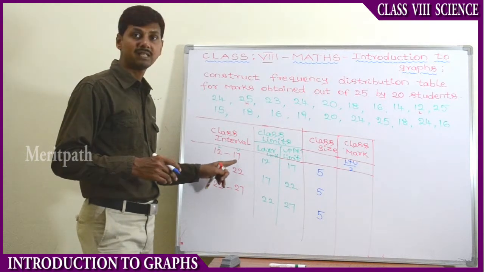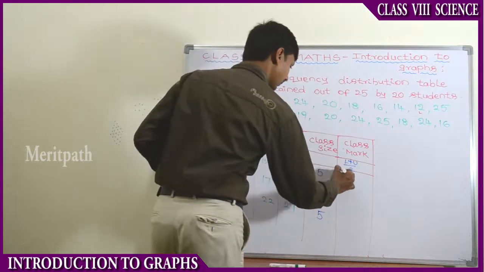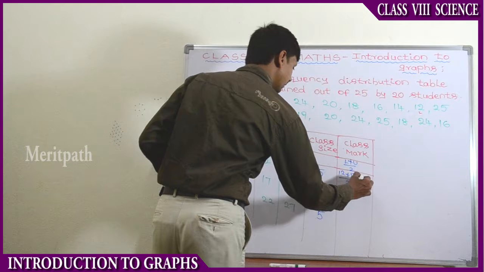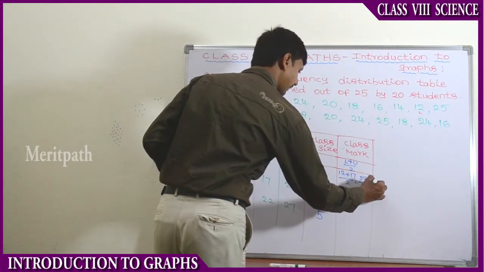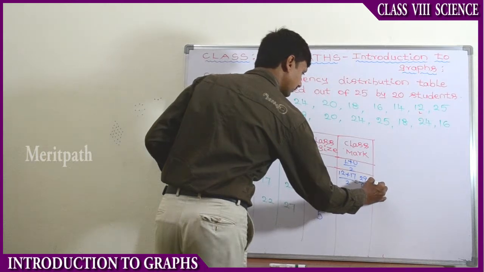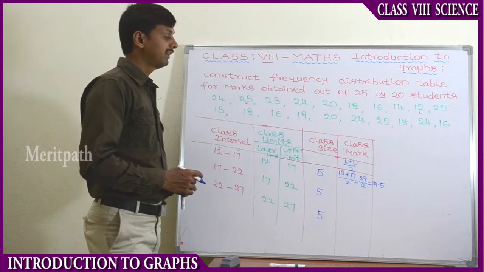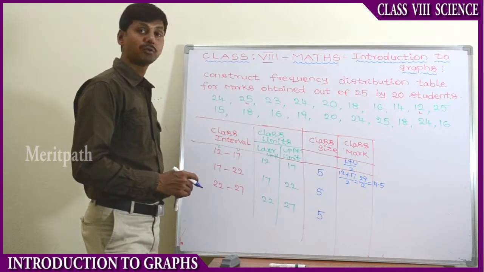That's 12 plus 17 divided by 2. So we do 12 plus 17 divided by 2, which is 29 by 2, is 14.5. So when we divide, we get 14.5.